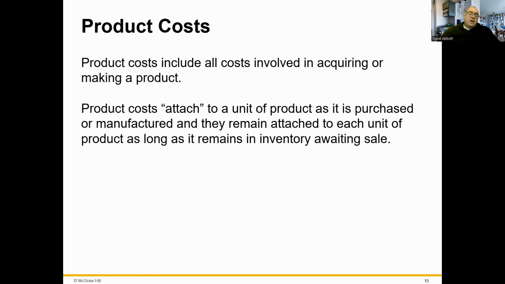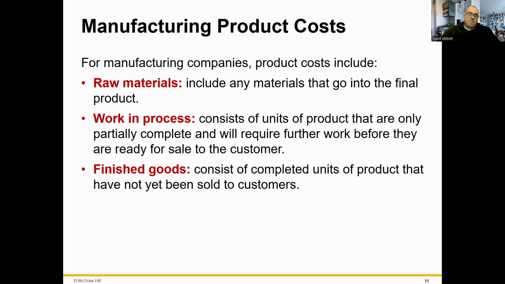All right. Product costs include all costs involved in acquiring and making a product. Product costs attach to a unit of the product as it is purchased or manufactured, and they remain attached to each unit of product as long as it remains in inventory awaiting sale. So anything involved with acquiring and making a product.